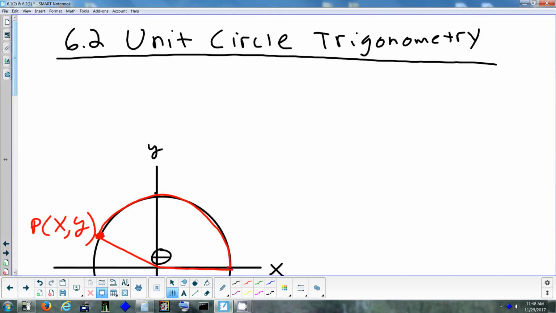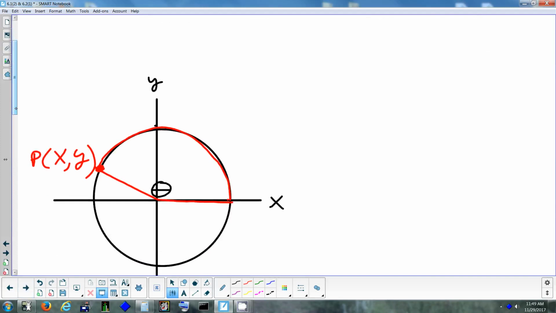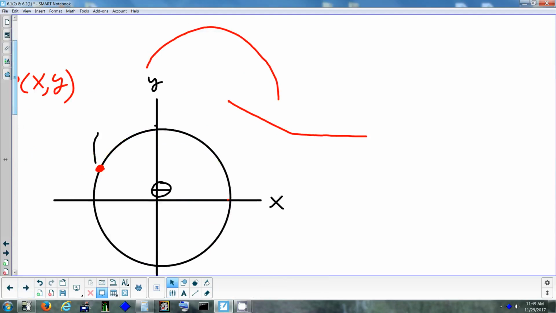Okay, section 6.2. The name of that section is unit circle trigonometry. So the whole idea of unit circle trigonometry is you could take any circle and draw an angle inside it, like this.